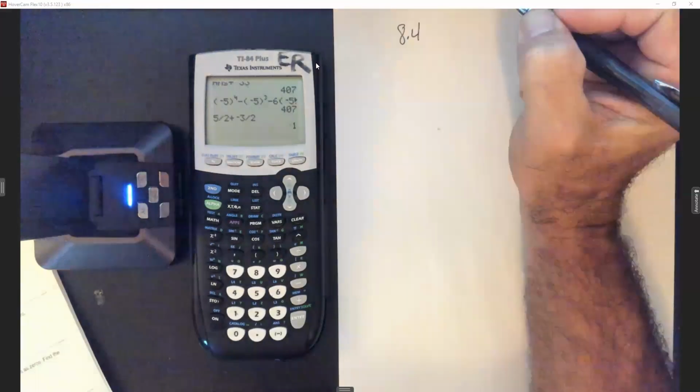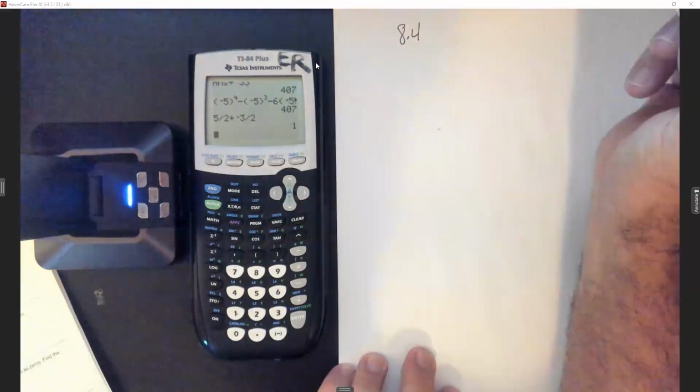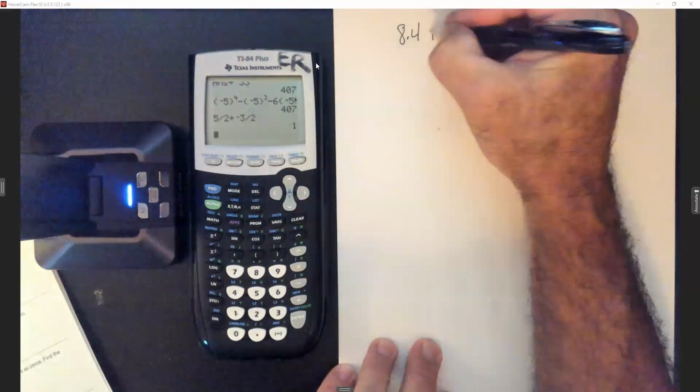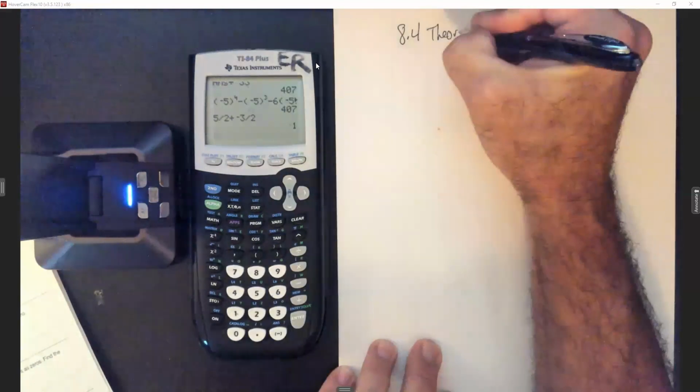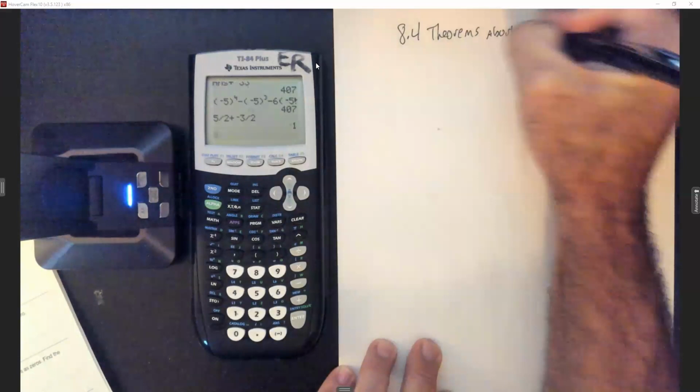And 8.4 is really what we would call theorems about zeros.